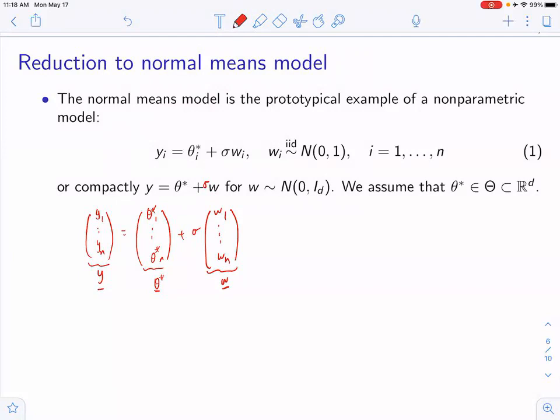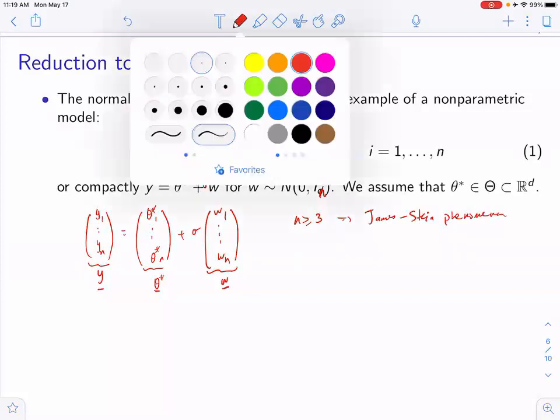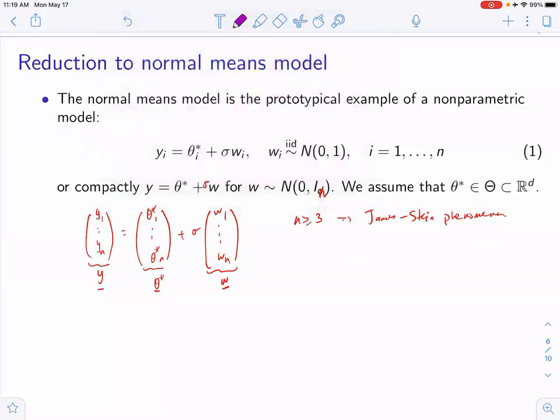If the dimension is bigger than, this has to be n actually, sorry, if n is bigger than or equal to 3, James-Stein phenomenon. So I encourage you to go back and look at this for quadratic loss.